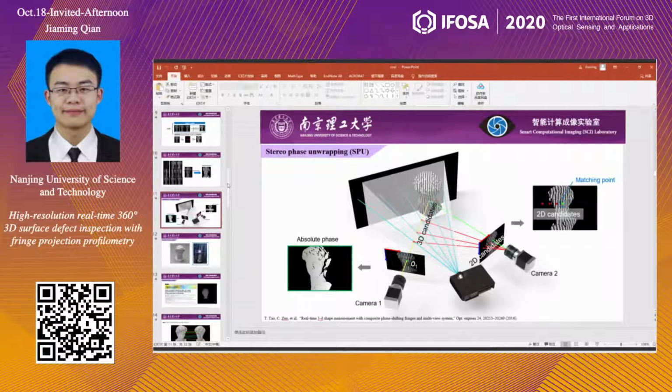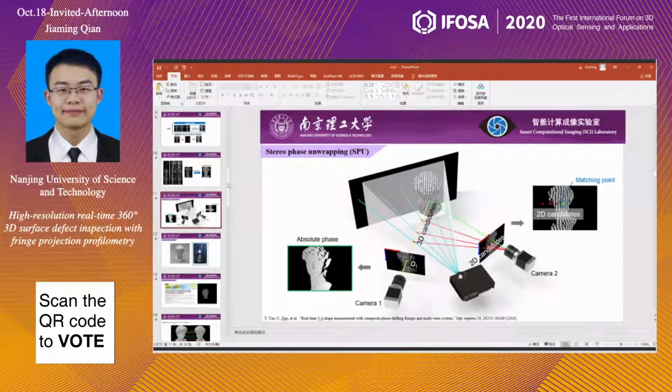Okay, good. I got one question anyway. Because on the first slide you mentioned intelligent manufacturing. That means you want to inspect actual defects. I mean, what kind of actual defect do you want to detect? Because later on you establish one reference artifact and compare the actual workpiece with the reference one.